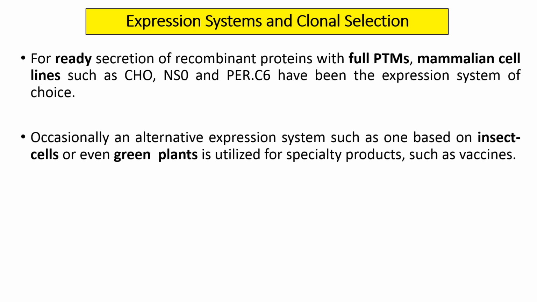While PER.C6 is a cell line derived from human embryonic retinal cells, originally from the retinal tissue of an 18-week-old fetus that was aborted in 1985. Then they further developed and prepared it as a cell line. How?